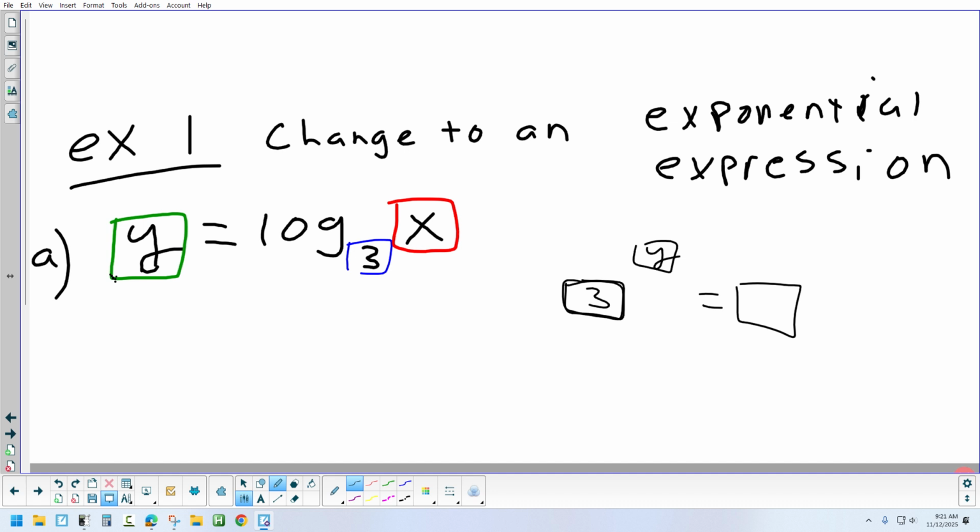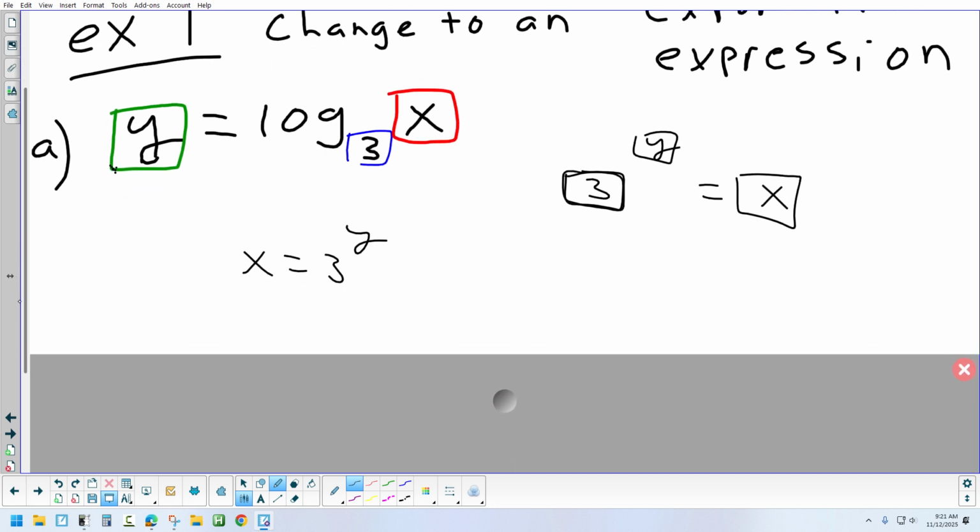Argument. And the argument is what ends up by itself. If you write it this way too, this is fine. That doesn't matter. But it has to be written one of those two ways. Now, like I said, if I had told you y was 2, now you could solve this and the x would be 9 if y was 2. But that's how you change from log form to exponential.